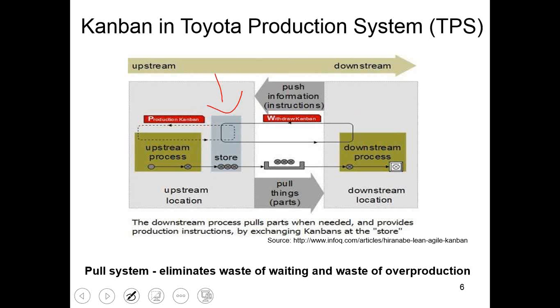Now whenever there is a demand from the market driven by your customers which comes to your downstream process, it raises a Kanban card and pulls things from the store into the downstream process. Once this inventory moves into the downstream process, based on the Kanban card that the upstream process received, the upstream process makes a decision about how much more inventory it needs to produce. As a result, the inventory created and maintained in the store at any point of time is kept at an optimal level.